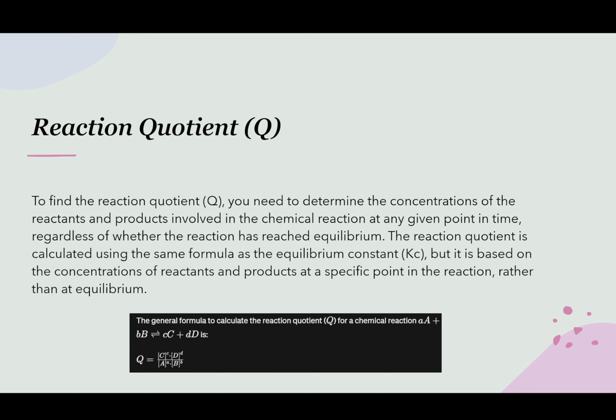The reaction quotient is calculated using the same formula as Kc, but it is based on the concentrations of reactants and products at a specific point in the reaction rather than at equilibrium. In other words, the reaction quotient Q is Kc when it's not at equilibrium. It's calculated the exact same way.